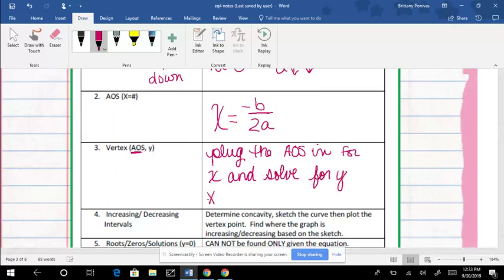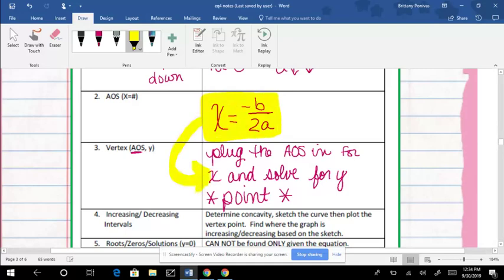You have to remember that your vertex is written as a point. So one more time, you are going to plug the axis of symmetry in for x and solve for y. So once you get an x value up here with negative b over 2a, you then are going to use that value to plug in and find your vertex.